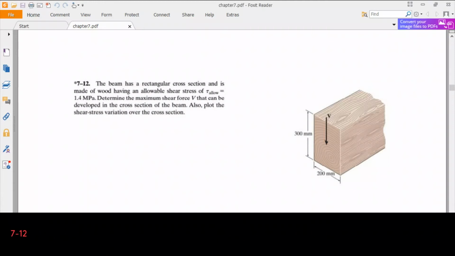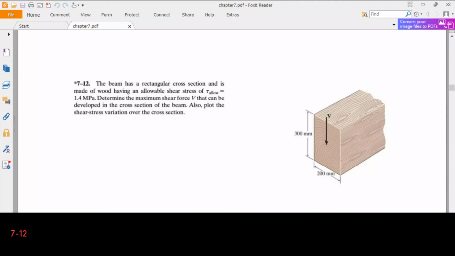We will continue with question 7.12. Question is like this: the beam has a rectangular cross section and is made of wood having an allowable shear stress of 1.4 megapascals. Determine the maximum shear force V that can be developed in the cross section of the beam.